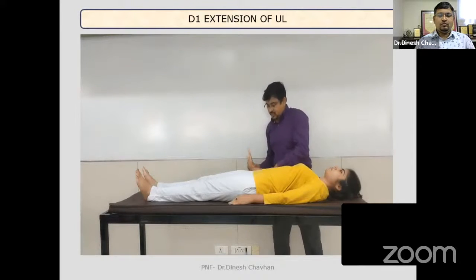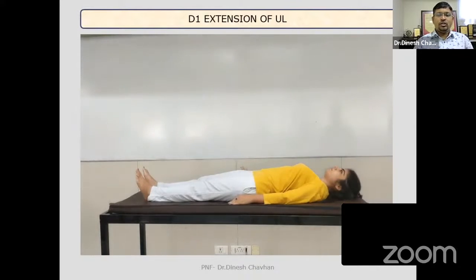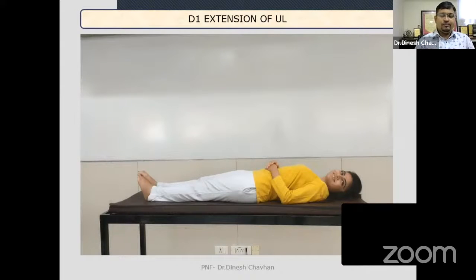So D1 extension. What is happening? Extension, abduction, internal rotation at the shoulder, elbow extension, pronation of the forearm, wrist extension, finger extension. This is the ending position. So we saw the D1 extension of the upper limb, which started from D1 flexion of the upper limb.